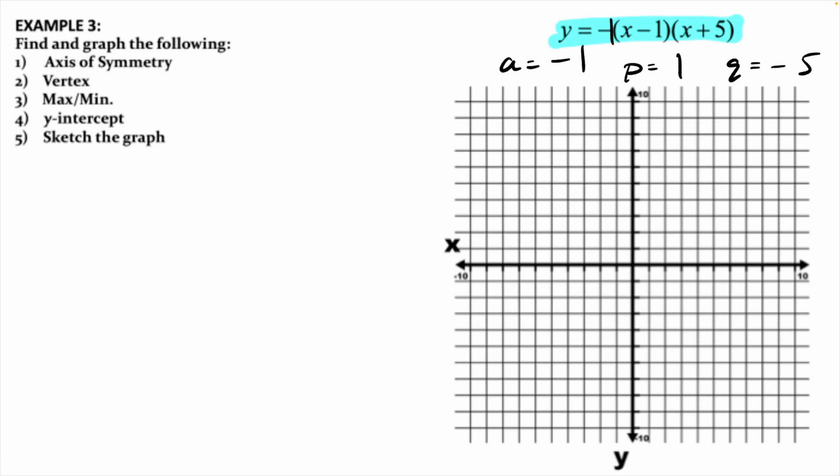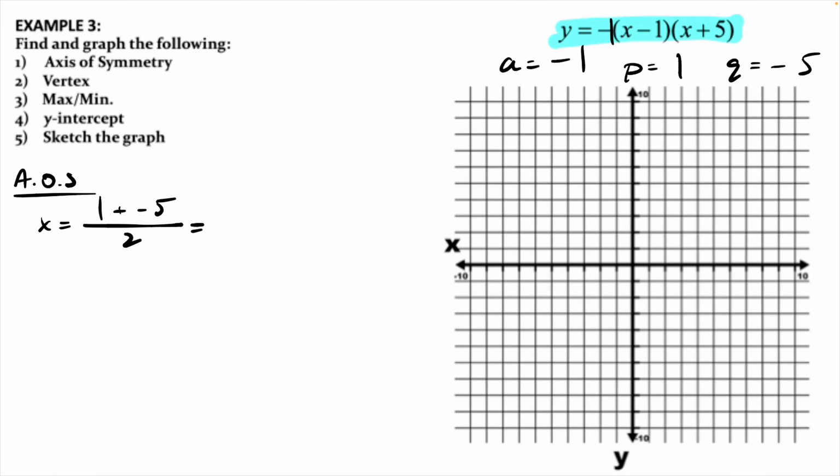Okay, so let's go axis of symmetry. Because this is factored form, I'm going to say, take P, add it with Q, divide by 2. P was 1. Q is -5. Divide by 2. No, because P and Q are liars. So it's the opposite.